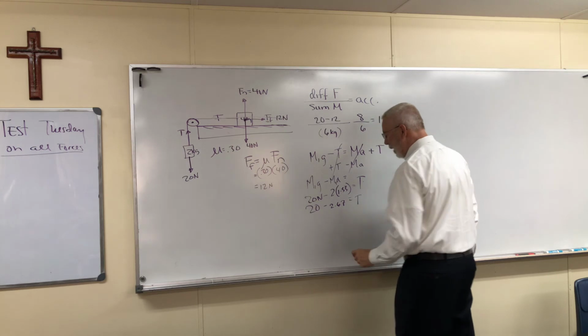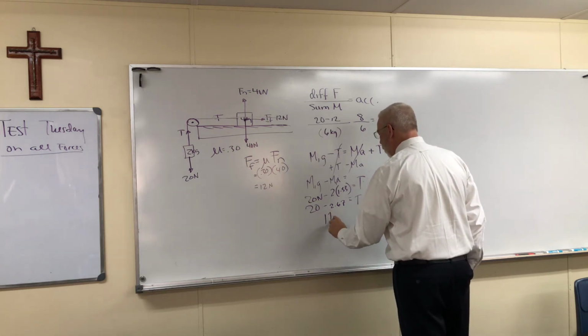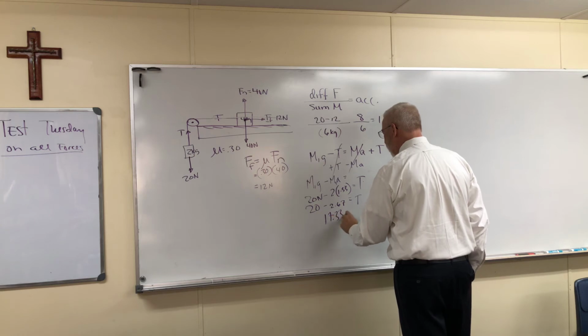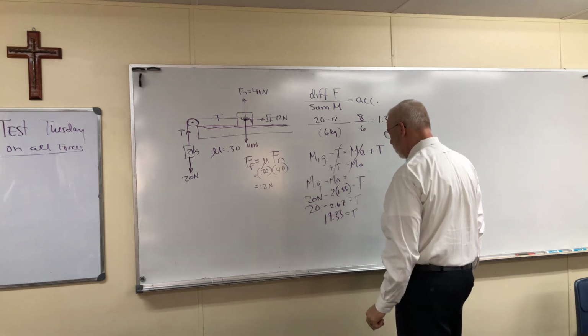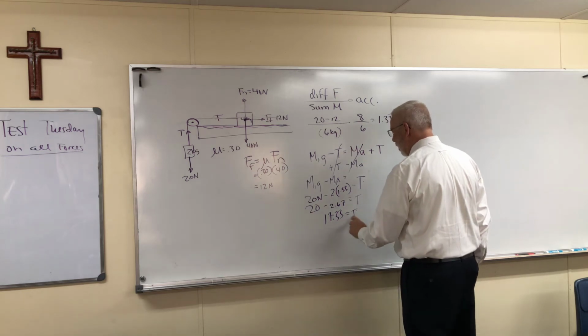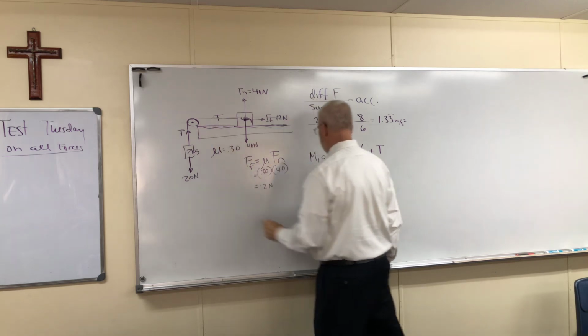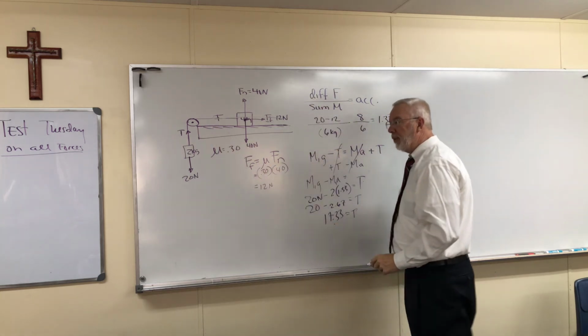And that comes out to 17.33. Is that correct? I think so. Yes. And so the tension on the cable, either the tension here or the tension here, will be 17.33 newtons.